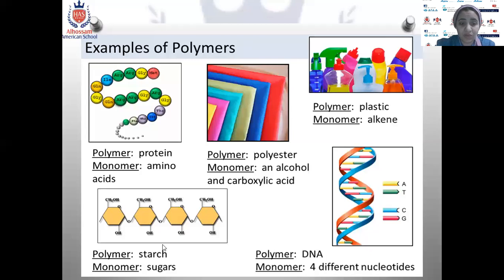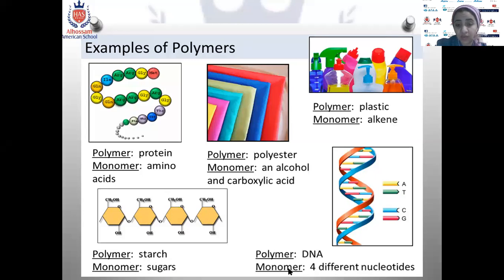For example, starch. It contains the monomer sugar. A repeated unit of sugar will form the polymer starch. This is of course a natural polymer. DNA inside your body is also considered a polymer.